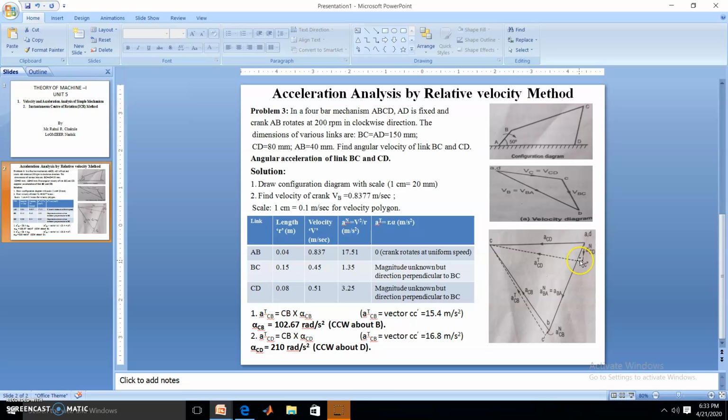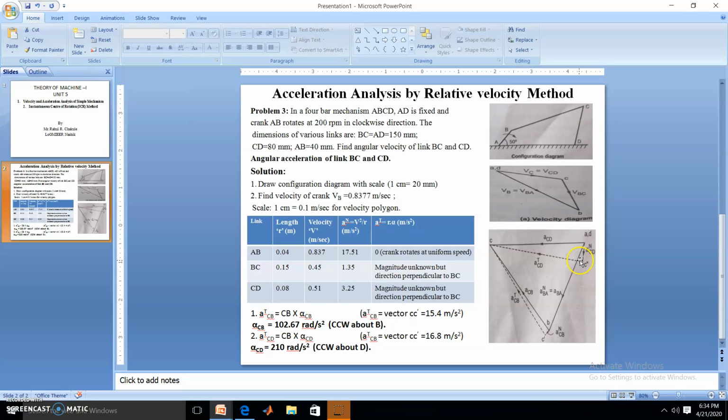For link BC, the point C is moving with respect to B, so the direction is towards B. That's why the direction of the normal component of link BC is taken downside. It is not the final component because it still has the tangential component, so I have given the name C dash. You can also write X or Y. From C dash, you take the tangential component, which is perpendicular to the normal component, so you draw the line of action perpendicular to the normal component.